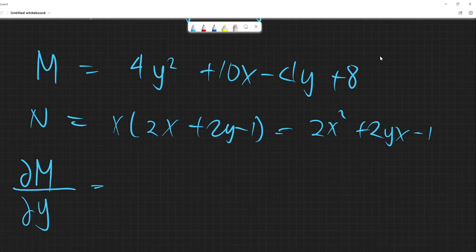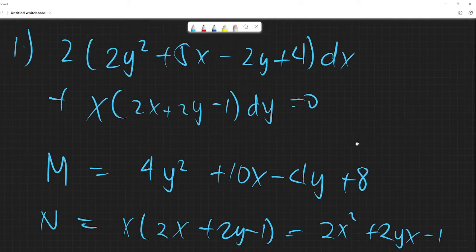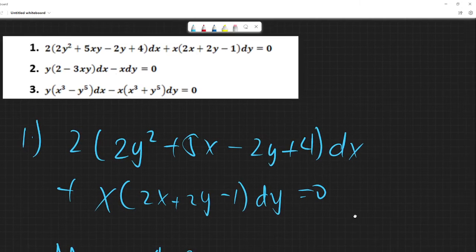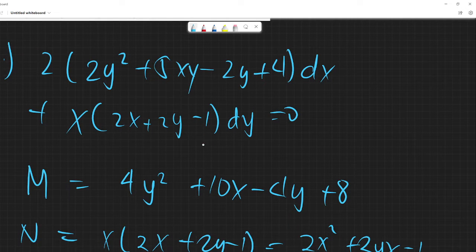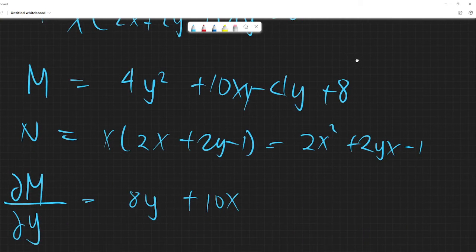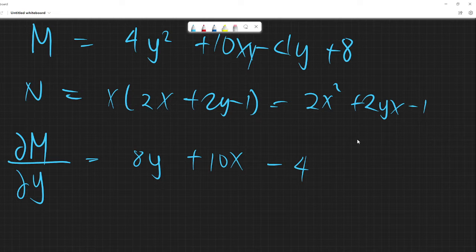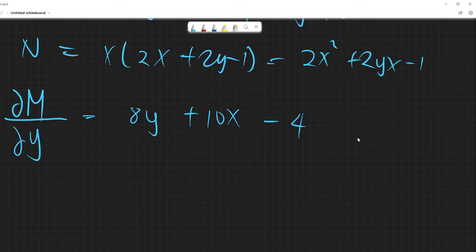So first, we will differentiate M by y. So this is 8y plus 10x, minus 4, since the derivative of 8 is 0, so we can neglect that.